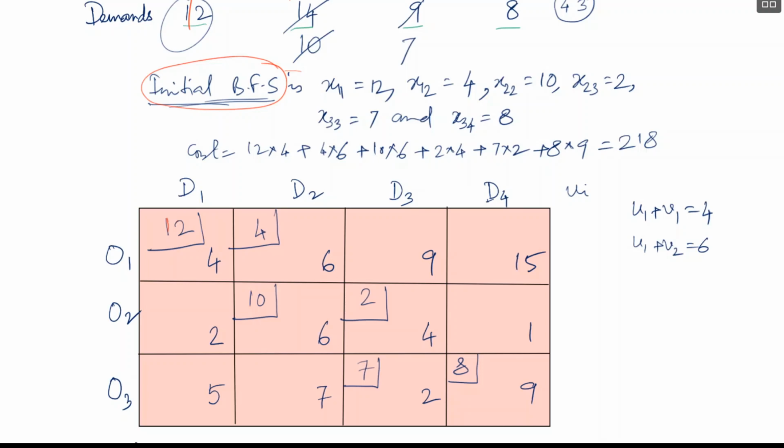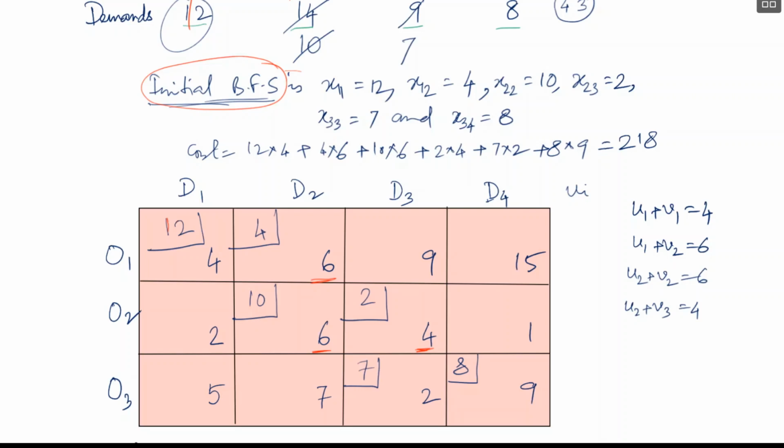That is for this one. Next, for this one it will be u2 plus v2, so u2 plus v2 is also 6. Next, u2 plus v3 will be equals to 4. That is for this one.